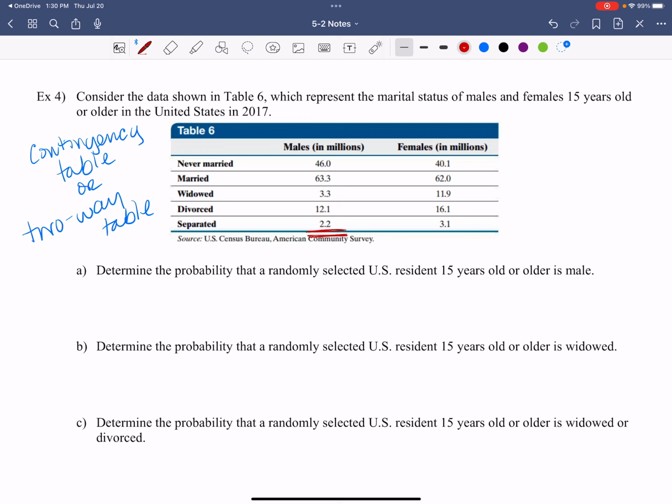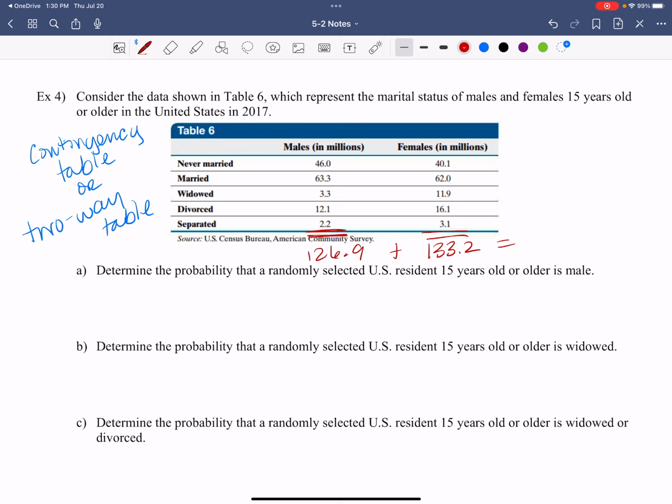Let's figure out how many total people we're talking about, males and females. So add those up and you get how many? 126.9. Good. Add up females. How many of those do you get? 133.2. Good.